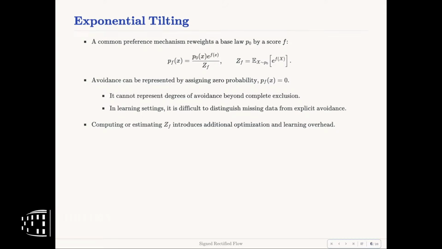And because of this, there's a great difficulty in the learning settings. If you have a noisy distribution and you didn't observe anything, it could be either missing information, simply missing data in that region, or it could be a strong prior that you want to avoid, right? So zero probability doesn't seem to distinguish these two cases well, right?